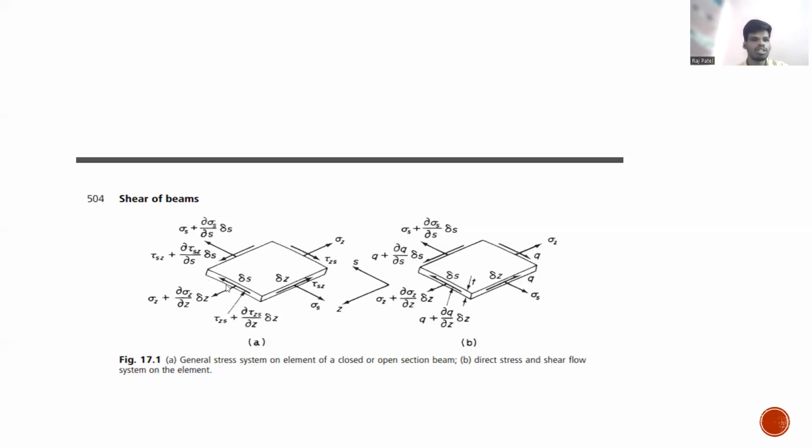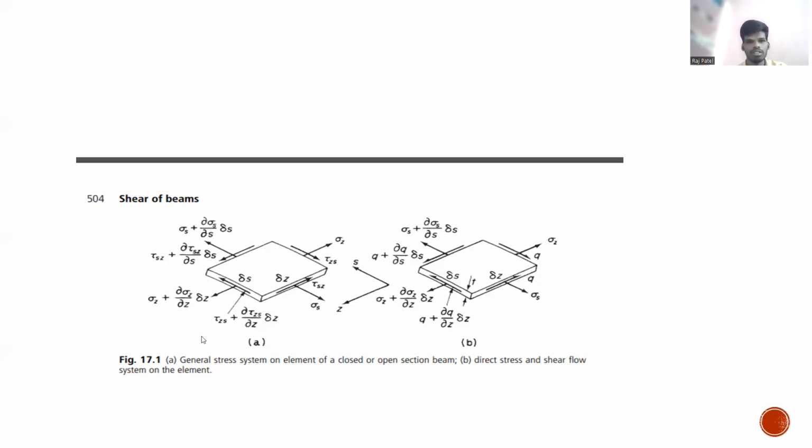In the z direction the stresses exhibit as sigma z plus dou sigma z by dou z into dou z, and whenever it passes in the y direction, the stresses come as sigma y plus dou sigma y by dou y into dou y.